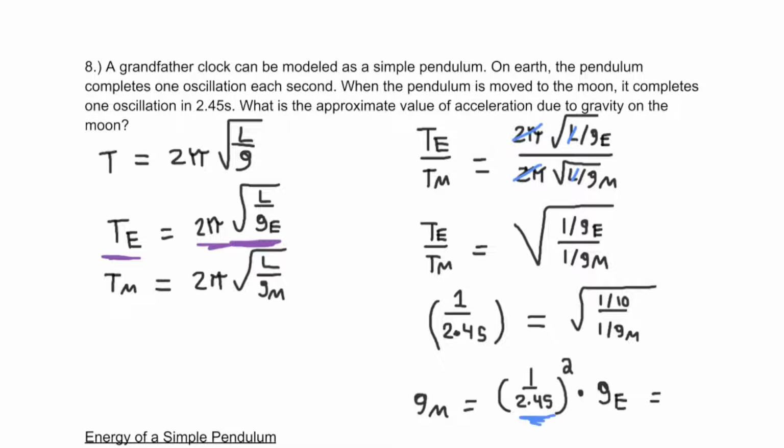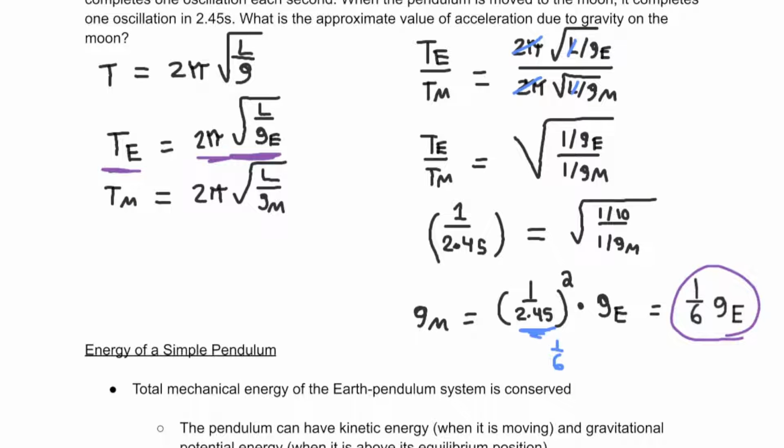So this thing right here is really close to 1/6, because g on the moon is also very close to 1/6. So g on the moon is roughly 1/6 times g on the Earth, which is like 1.6 meters per second squared.